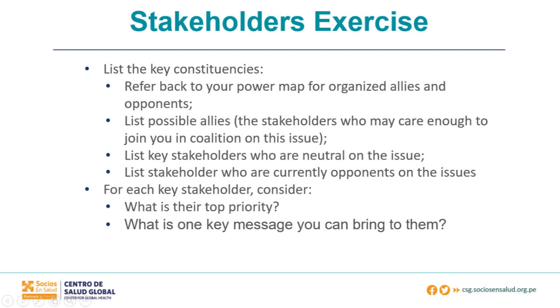So listing out all your possible allies, who's neutral in this issue, so who currently doesn't have a position, but you could influence them to take your position, and that's really an important consideration. And then who are your key opponents? Listing that all out, and then from there, really considering some messaging that you want to bring, especially to these neutral folks.